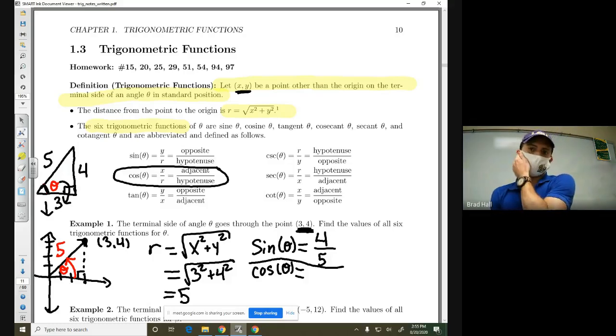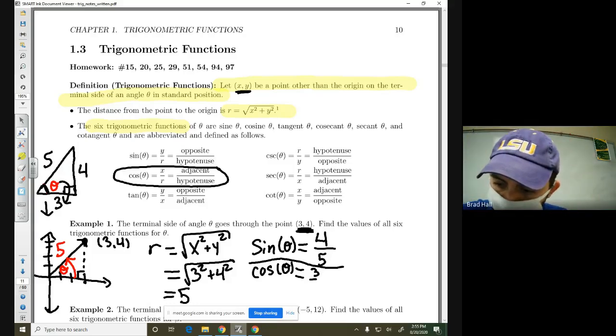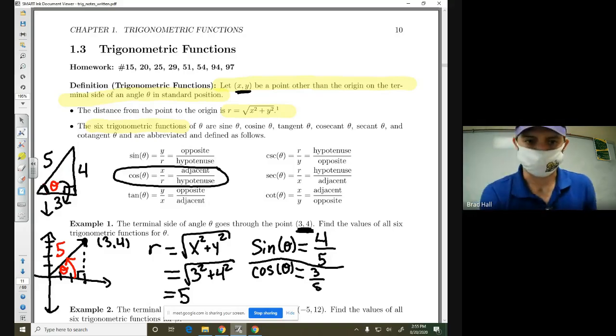It's the side next to the angle that is not the opposite and not the hypotenuse. The hypotenuse is just the hypotenuse. It will not be opposite or adjacent, so it's always the other value. So that will be 3 over 5.